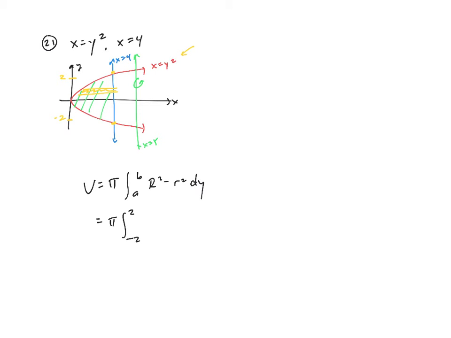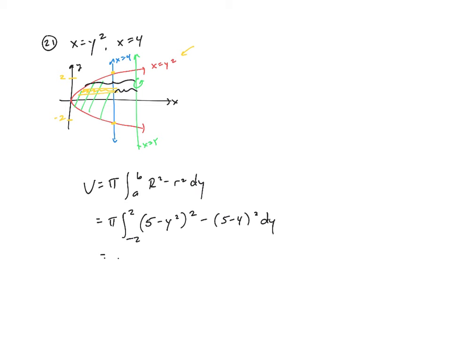Big R is the distance from the axis of revolution to the far end of the rectangle. So it's going to be green minus our red. Our green is 5 minus the parabola, and we don't need to change that. It's 5 minus y squared, minus little r, which is just going to be 5 minus 4, dy.